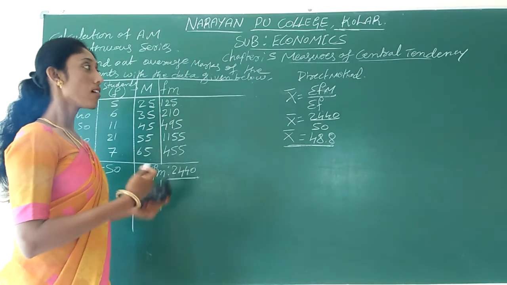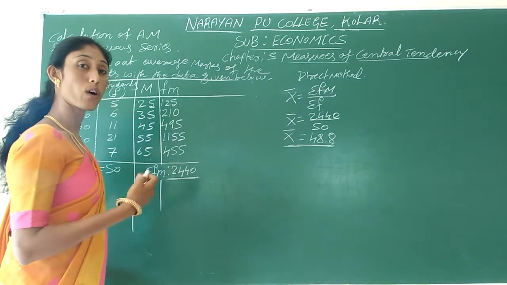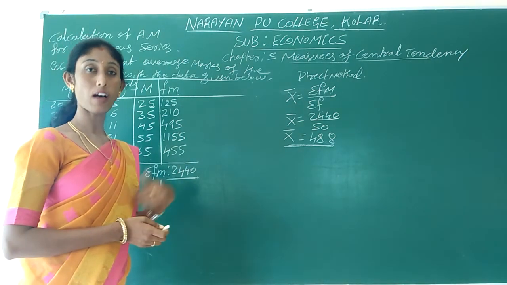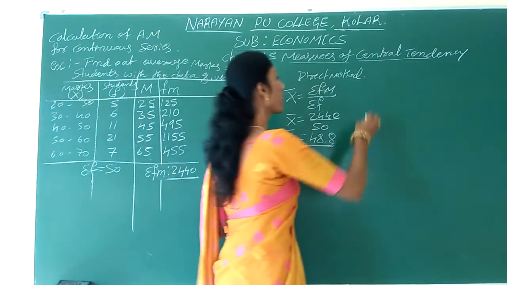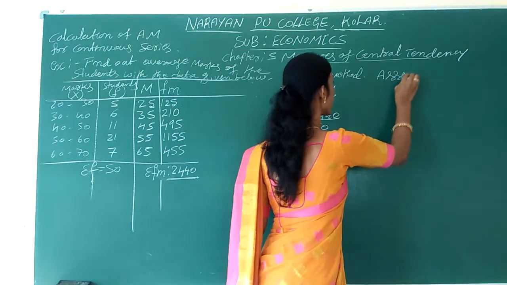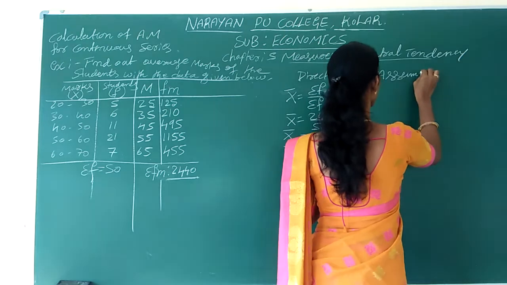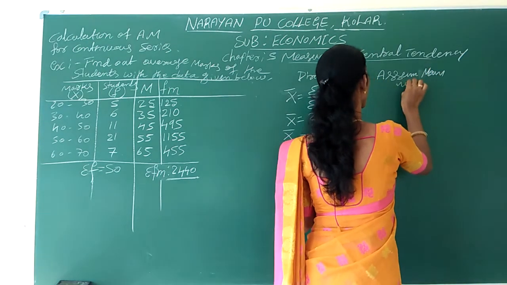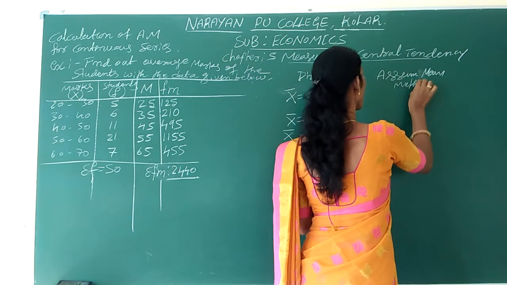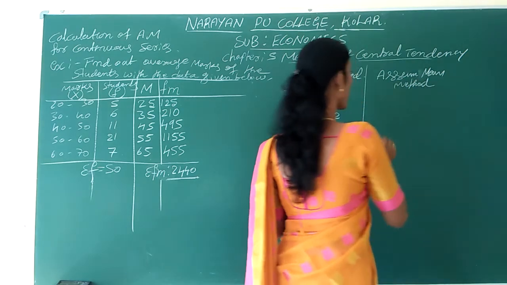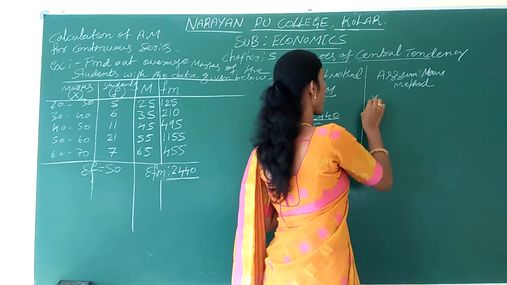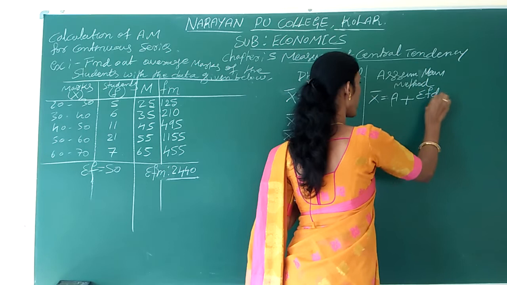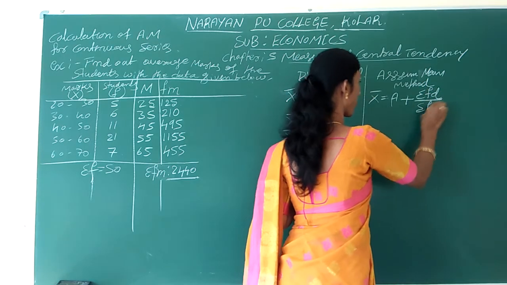Now, after the direct method, we have one more method to discuss to calculate the average marks or arithmetic mean. What is that? The assumed mean method. Under the assumed mean method, the formula is x bar equals A plus sigma fd divided by sigma f.